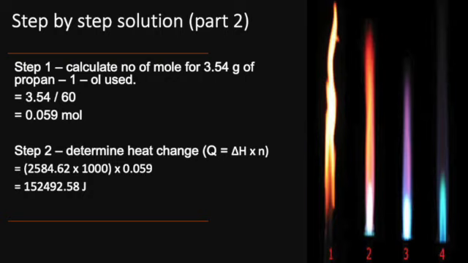So actually what we need to do is your delta H multiplied by 1000 so that it will convert back into joule, and then you multiply with the number of mole that you obtained from your step 1 just now, and therefore you can get your heat change without any problem.